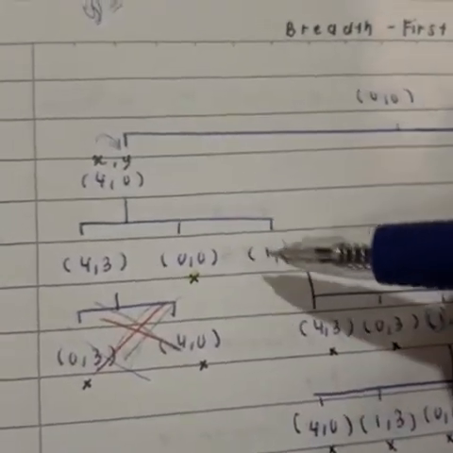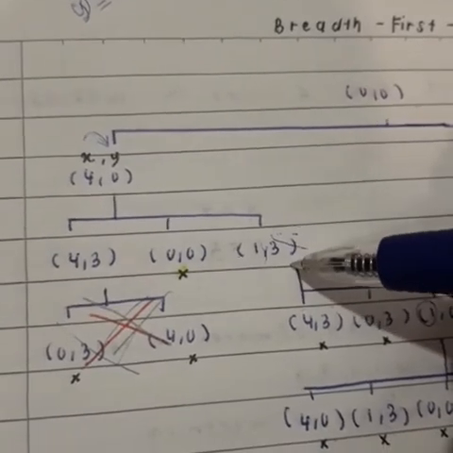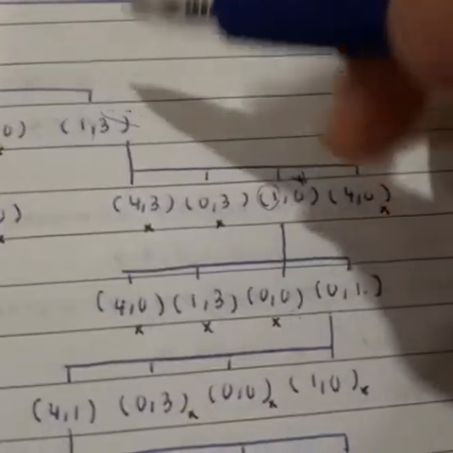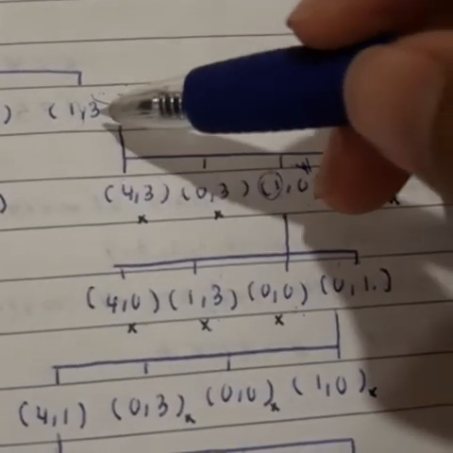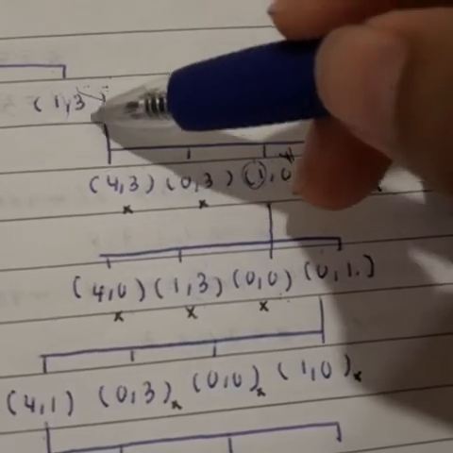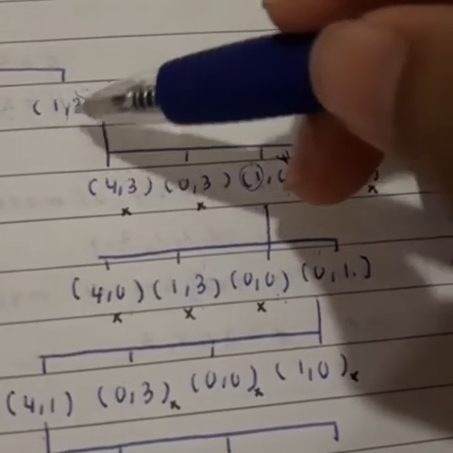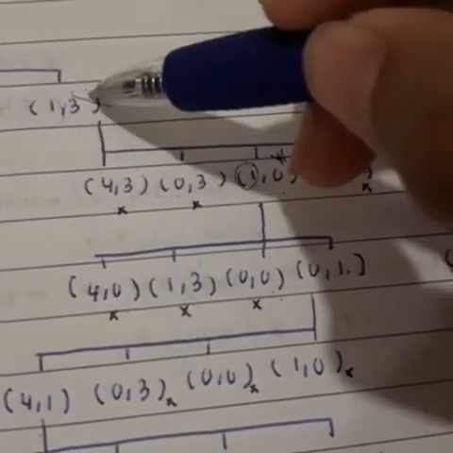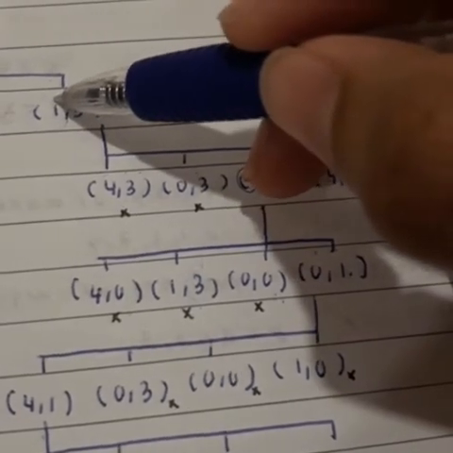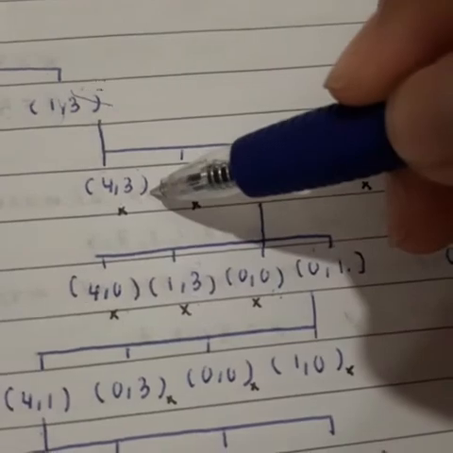So the remaining one is 1, 3. What we do here is follow the 3 steps: fill, empty, and transfer. First, we fill the water jug. We know that y has reached the maximum value, so we fill the water jug in x only. That's why we get 4, 3.